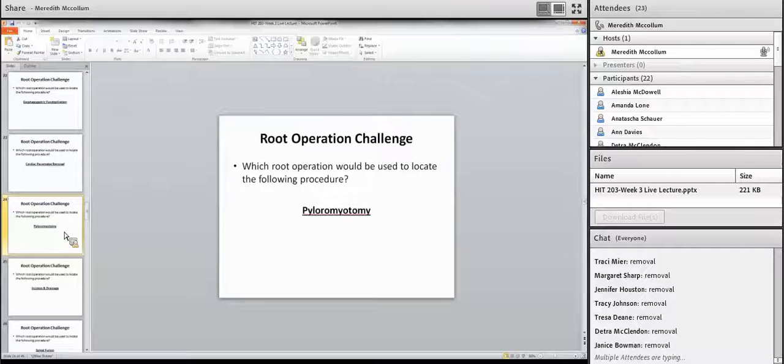And I'll explain this one after I see if you guys get it. So babies can be born with what's called pyloric stenosis. And basically their pylorus is very, very constricted.